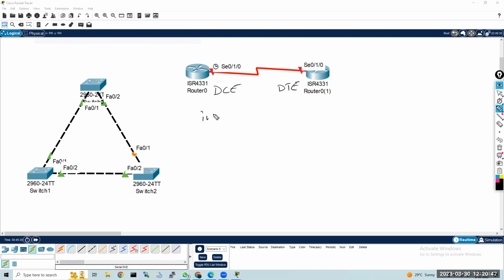The command is show controller serial 0/1/0. Here it will show you whether it is a DCE or DTE interface.